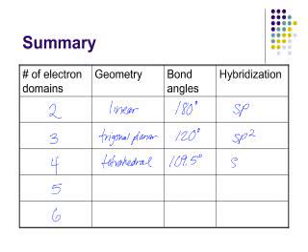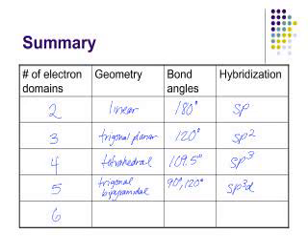My hybridization is sp3. If I have 5 electron domains, we're talking about trigonal bipyramidal geometry. And the bond angles are either 90 degrees or 120 degrees, depending on the location in the molecule. My hybridization is sp3d.